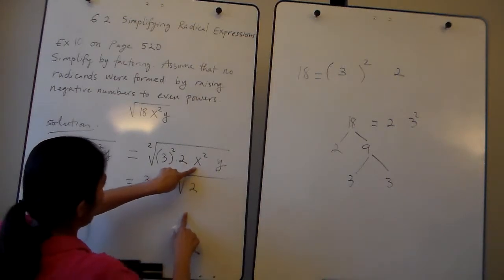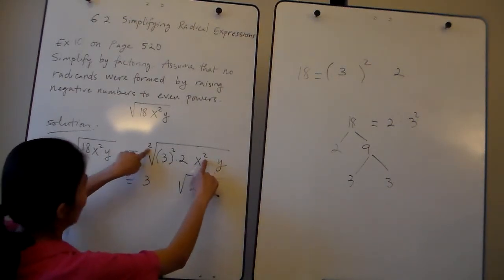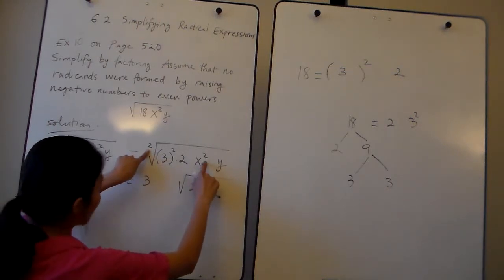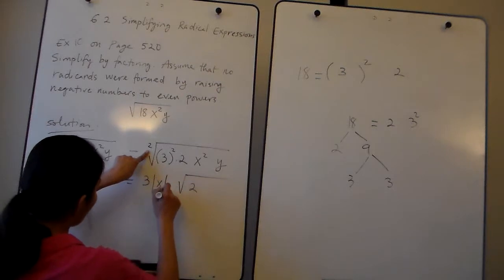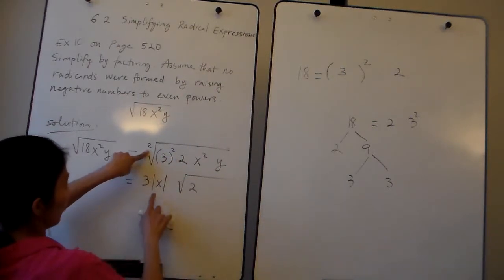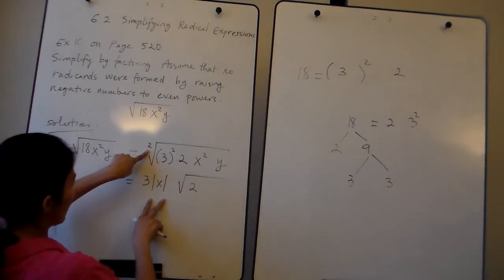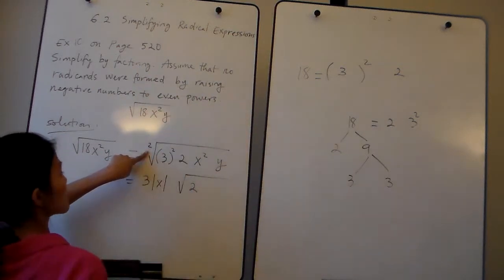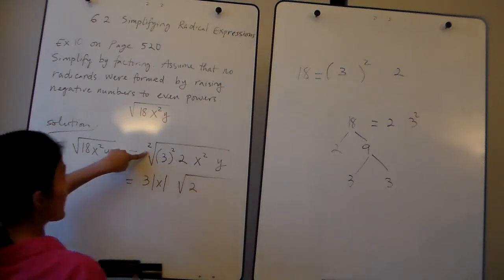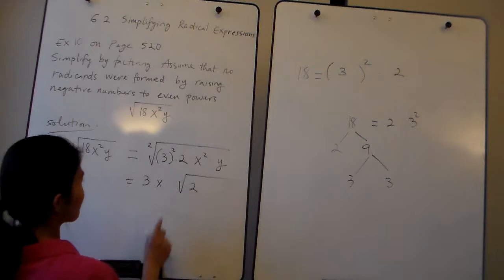How about the x squared? X squared has the exponent 2, which matches this second root. That means you can take this x out. Now, because this is an even root, we would normally use the absolute value for x. But because this statement right here assumes that the variables are non-negative, you don't need to use the absolute value.